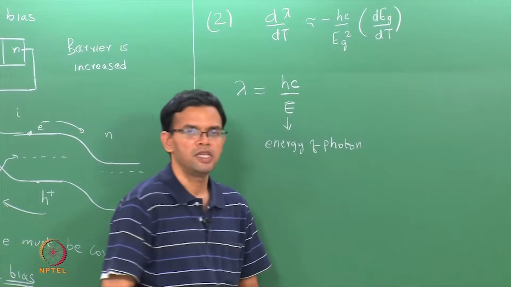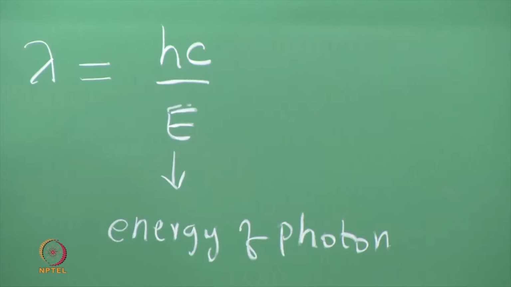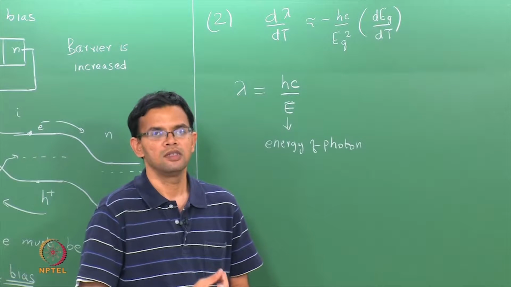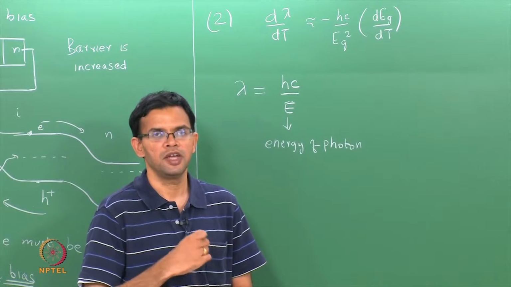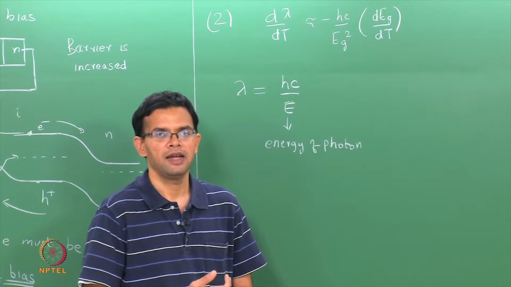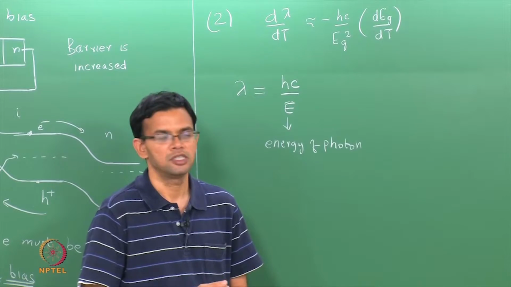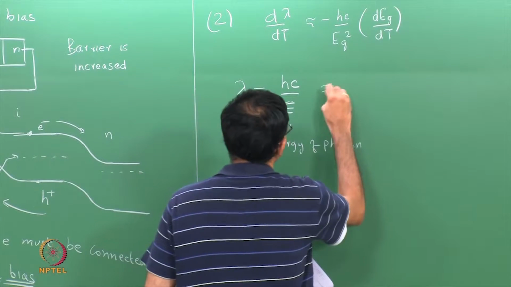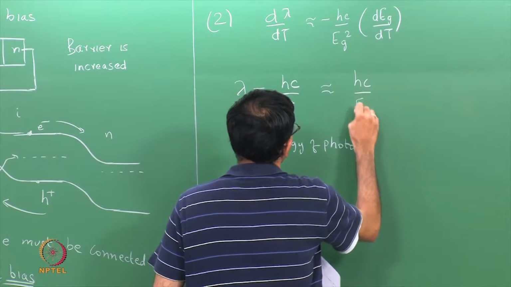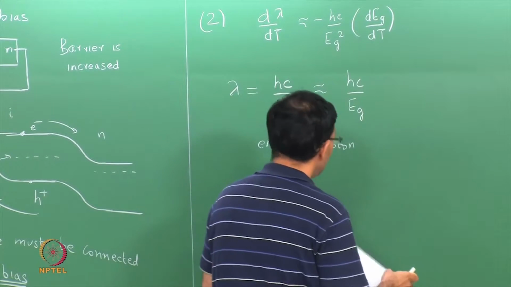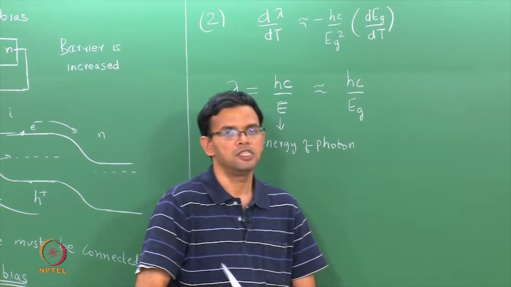This in turn depends upon the energy of the electron and hole that are involved in recombination. This electron and hole is usually very close to the valence band edge and the conduction band edge, so that this can be written approximately as hc divided by Eg.